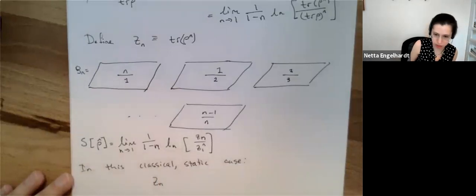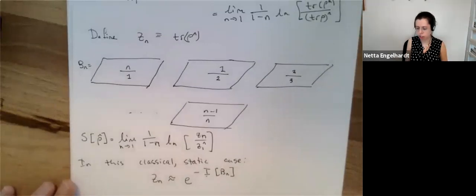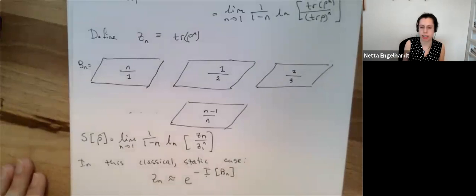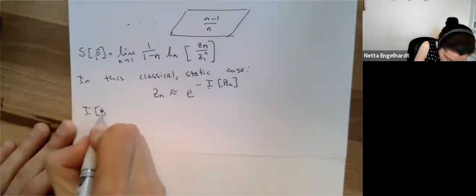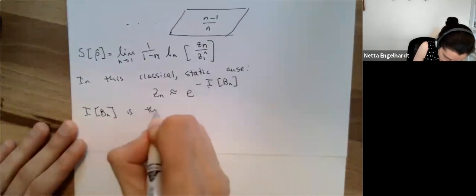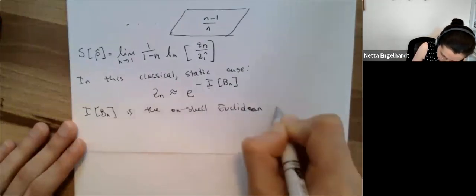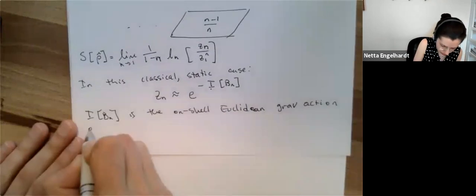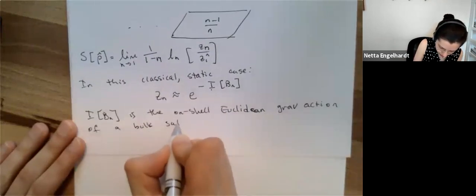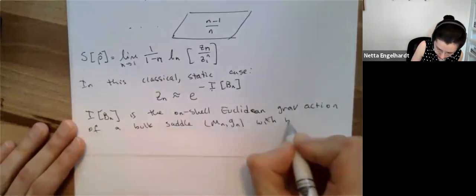Z sub n is going to be approximately equal to e to the minus I of B sub n, where I here is the on-shell Euclidean action of a gravitational saddle. I'm going to write this down. So I of B sub n is the on-shell Euclidean gravitational action of a bulk saddle, which we'll call M_n G_n, with boundary B sub n.